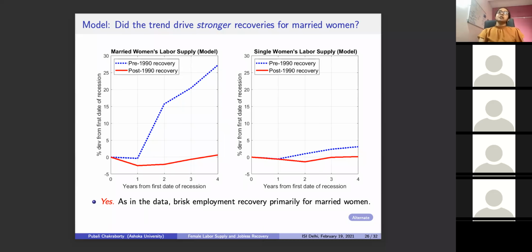So in my model, also married women are driving brisk recoveries prior to 1990. So I don't explicitly show you the age division and the division with respect to the number of young children, because in my framework at this point, the way children enter is in terms of average numbers.